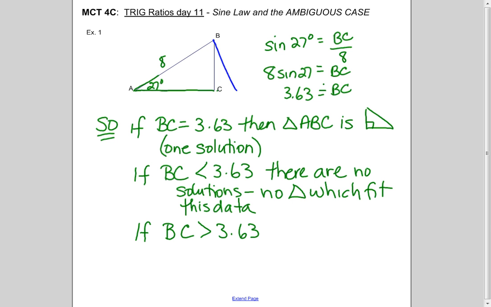It could be this long. Or it could bend back and hit AC over this way. So unless we're given more information, if BC is longer than 3.63, there are two possible triangles that would fit this data.